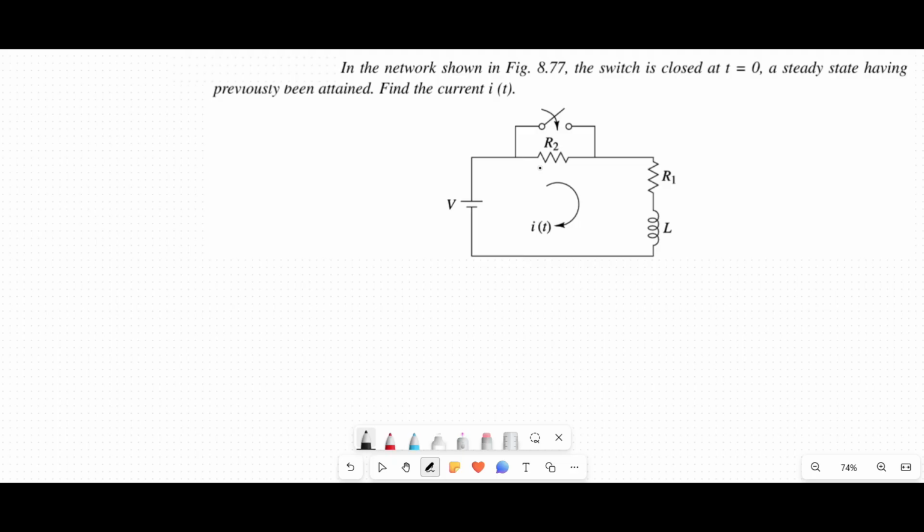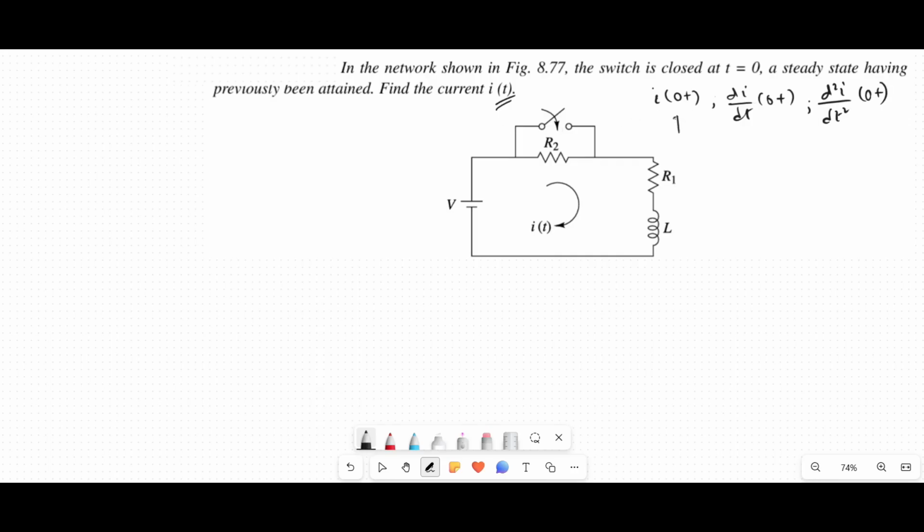Now everything is the same, but the difference from the previous numericals is that we have to find the current i(t). In the earlier cases we determined i(0+), di/dt at 0+, and d²i/dt² at 0+, but this is different.